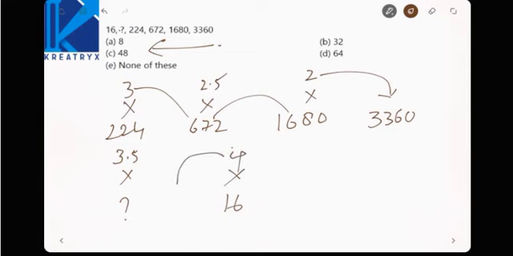So the next number must be 64. Am I right? So 64 into 3.5 must lead to 224. Yes, in the question mark place 64 will be there. So the answer is 64. Right? Thank you.